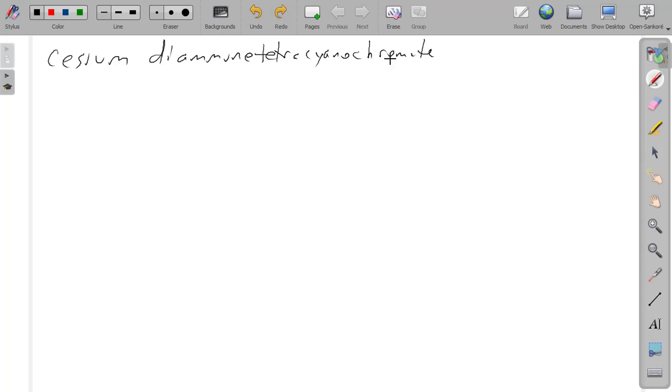Notice the chromium actually has an ATE ending on it because it must be in the anionic form then. So that overall complex itself is going to have a negative charge because instead of chromium, which would mean it's in a cationic version, this chromate, which means the complex, not the metal itself, but the complex is overall negatively charged. All right, so again, let's start tearing this apart.